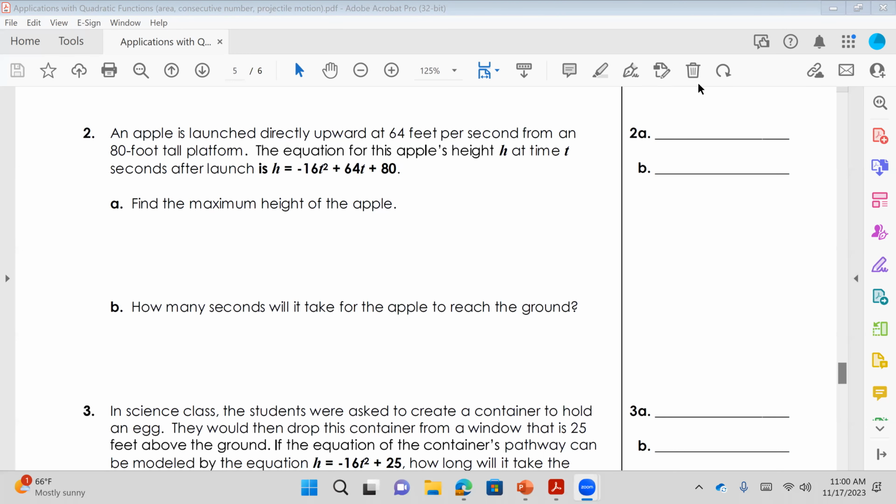Okay, next homework problem is a projectile one. It says an apple is launched directly upward at 64 feet per second from an 80-foot tall platform. So the equation for this apple's height at time t seconds after launch is right here.